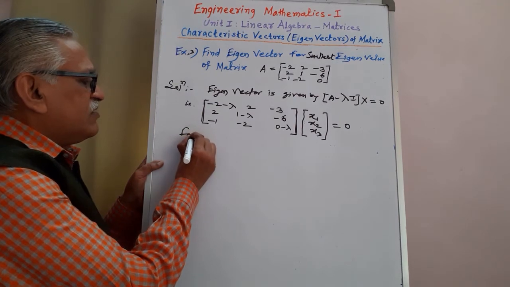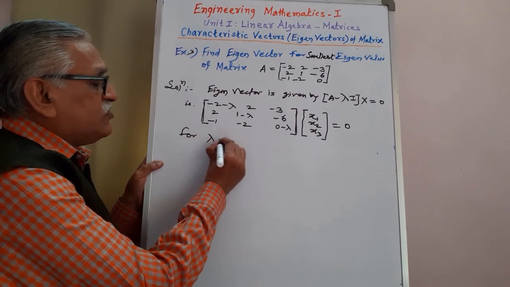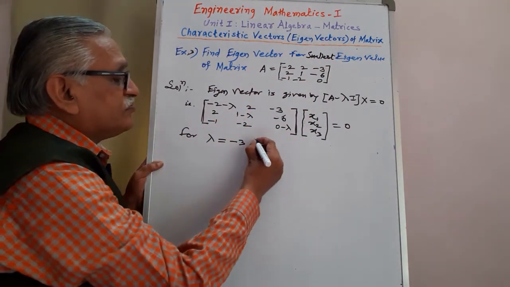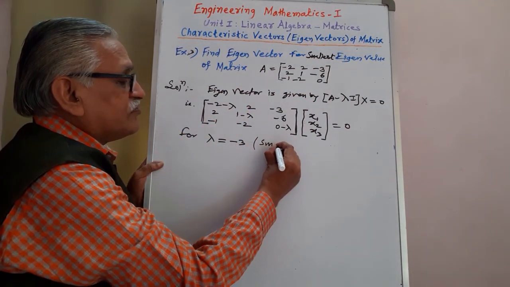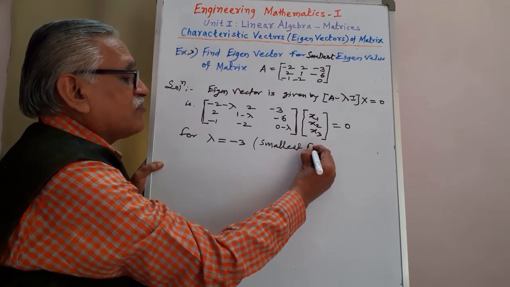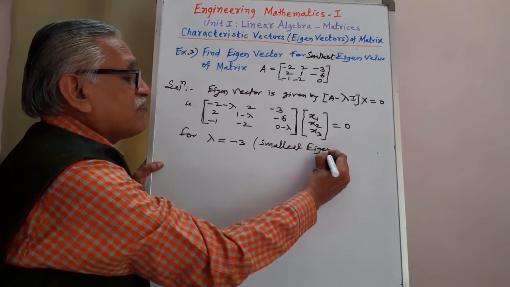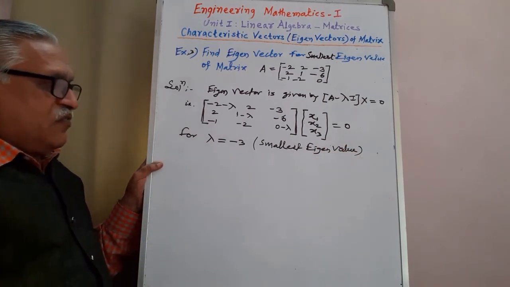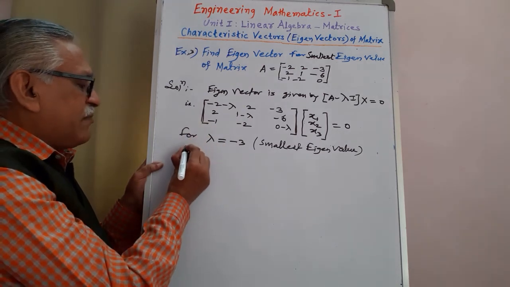And then we require to obtain for lambda equals to minus 3, which is the smallest eigenvalue.